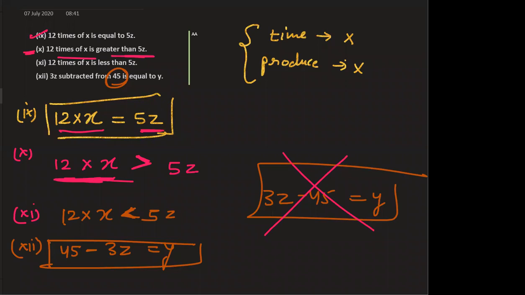So 12 multiplied by x and it is greater than 5z. 12 times of x is less than 5z. And 3z subtracted from 45, so 45 minus 3z is equal to y. I hope now it is clear.